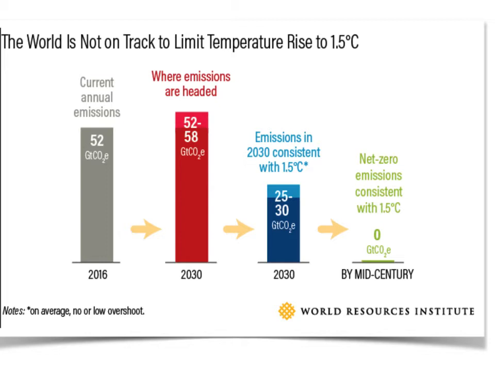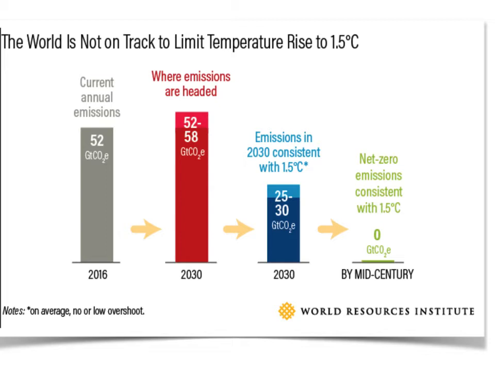So where emissions are headed, it will become 58 by 2030. And what we want, if it's a 1.5 degrees centigrade increase, then it should become 25 to 30. That much reduction is required to ensure that greenhouse gas emissions come down to 30 gigatons carbon dioxide equivalent, to ensure that 1.5 degree increase.